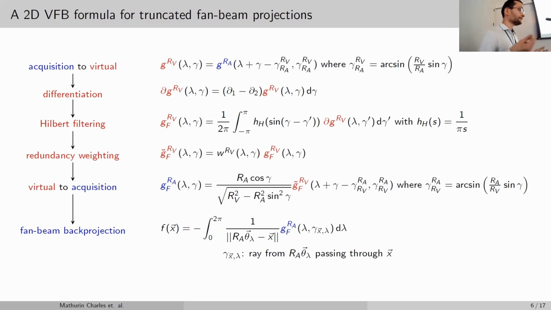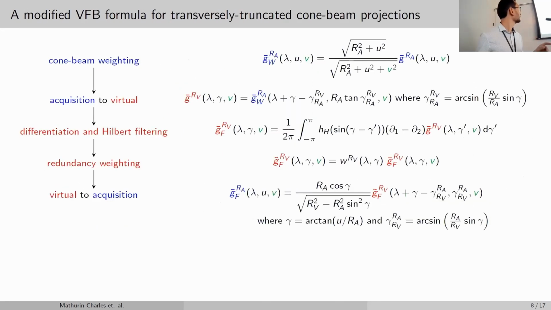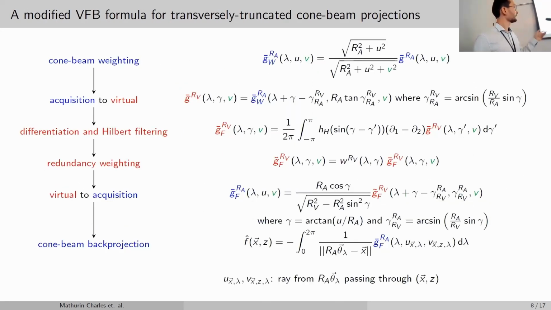But when we are in the 3D problem, for each source position, we use the ray that passes through the point we want to reconstruct. And if we are not going back into the acquisition geometry, we have no way to use the data we want.